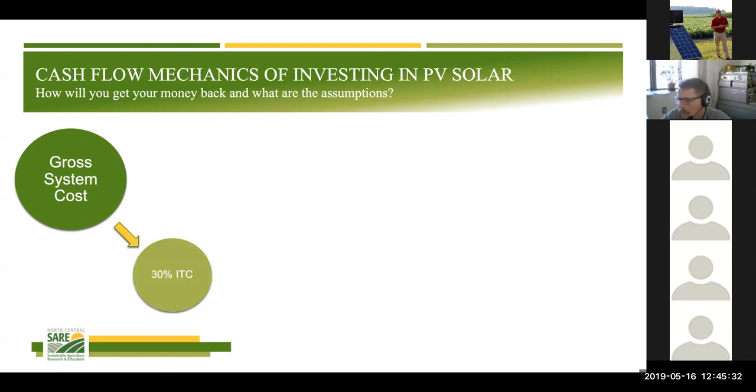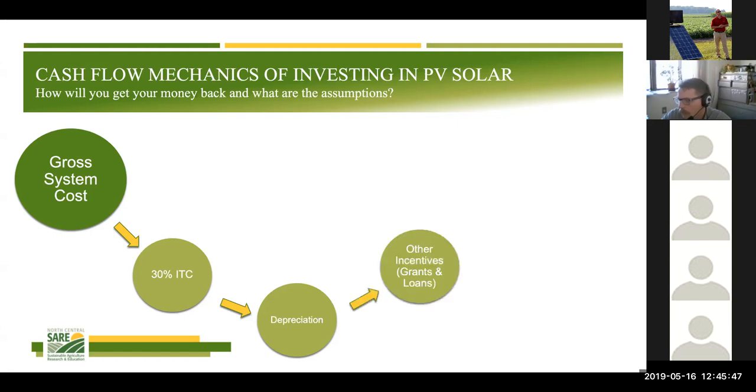At a high level, the first step, or the cornerstone as I look at it, is our 30% investment tax credit. Then we have the depreciation value for this project. Then other incentives, grants, or loan programs, and this is the one that's going to vary state by state or utility by utility, depending on where this farm or business may be located.